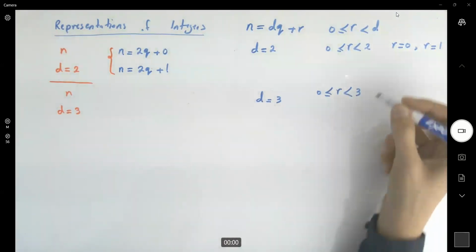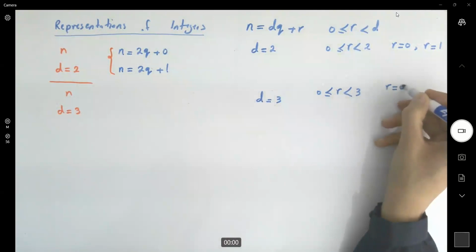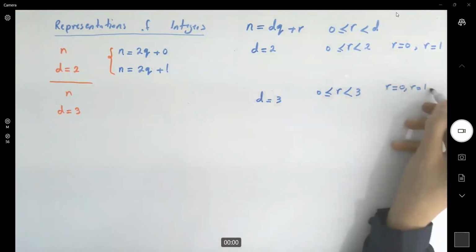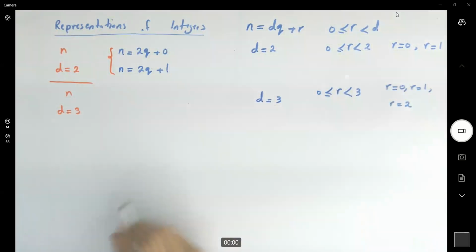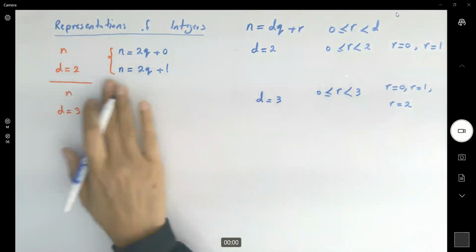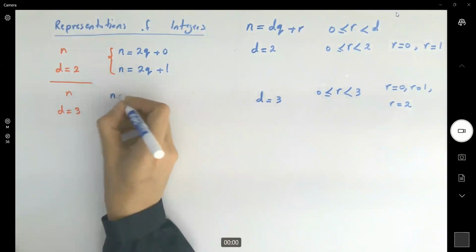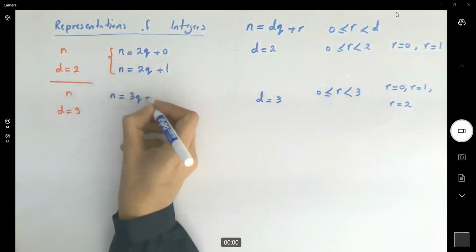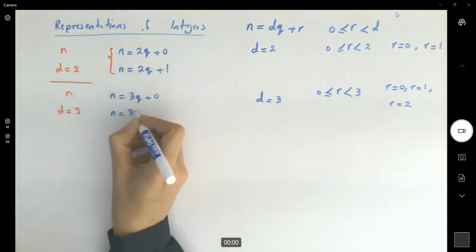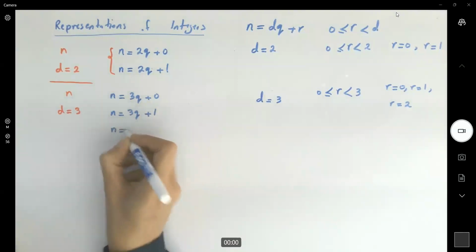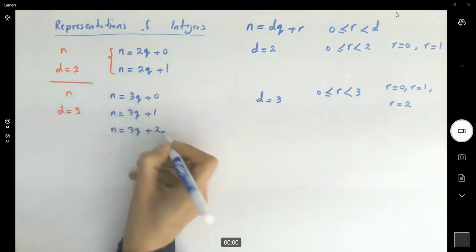What are the possibilities for the remainder? The remainder can be 0, 1, or 2 when dividing any number by 3. So here you have 3 options. n is 3q plus 0, n is 3q plus 1, n is 3q plus 2.